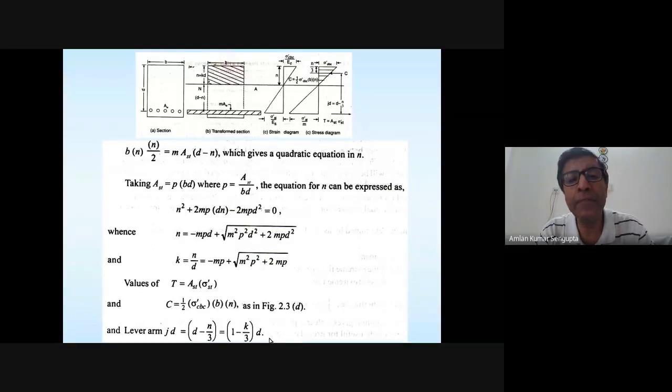Since I'm using dimensionless numbers, this expression of K is unit independent. It is expressed in terms of two dimensionless numbers: percentage of steel is dimensionless and the modular ratio is also dimensionless. Hence, these equations are valid for any system of units that you use.